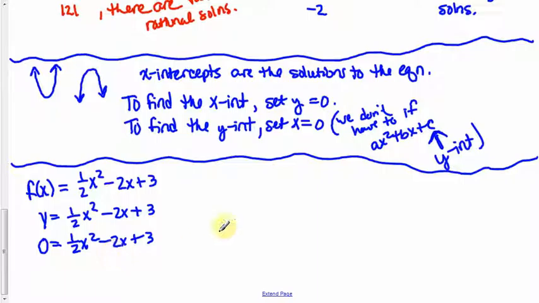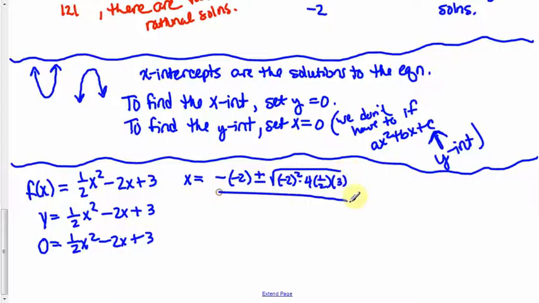So we're going to solve this with the quadratic formula. So x equals negative b, which is negative 2, plus or minus the square root of b squared, negative 2 squared, minus 4 times a, which is 1/2, times c, which is 3, all over 2 times a.